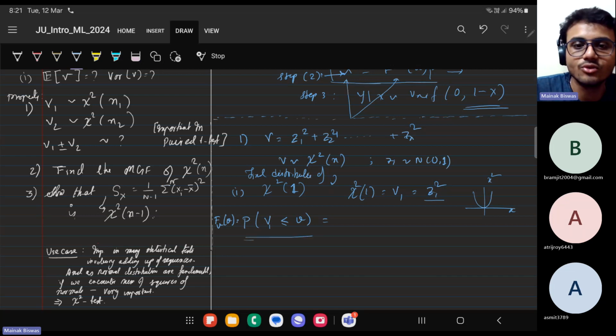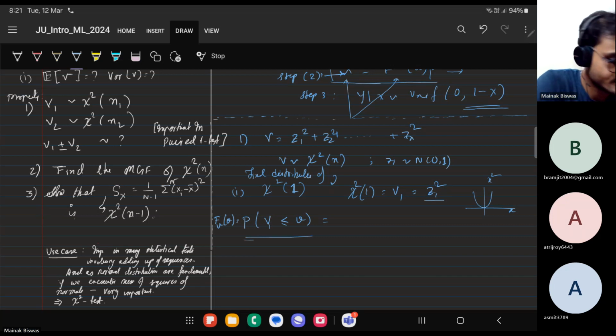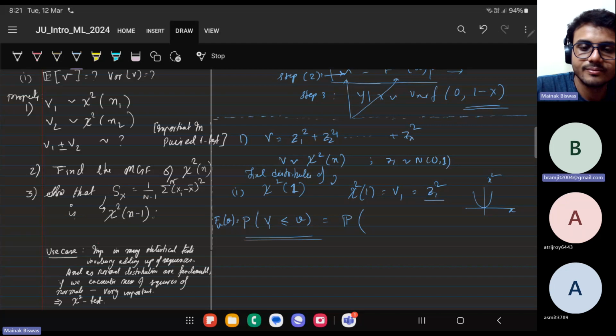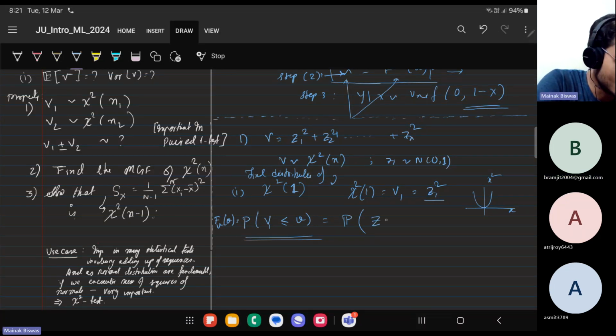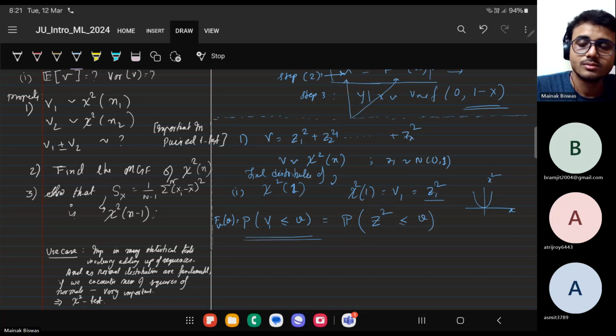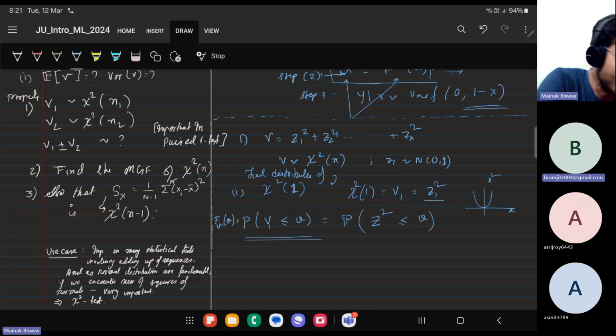So V1 less than or equal to v. What will be the next step? So Z square would be less than or equal to v, right? Z square less than or equal to v, so Z would be between minus root v and plus root v.